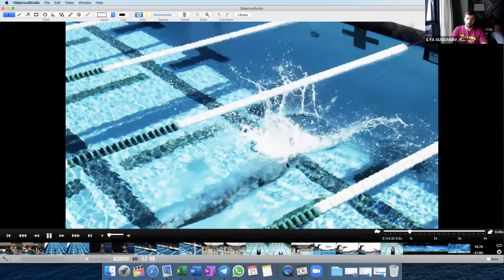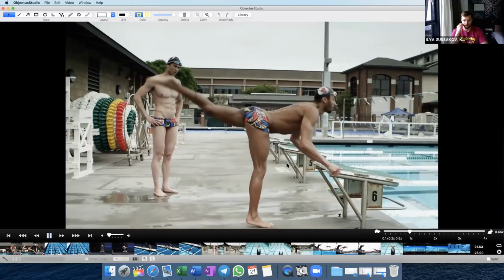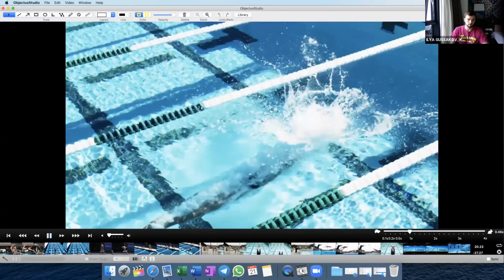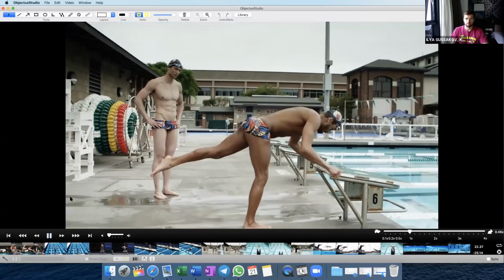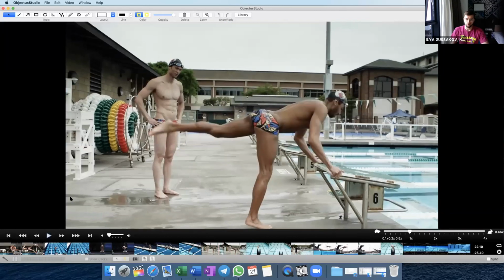So the way you teach it, you can just ask athletes to stand and throw their legs up in this way. Just let them feel what it should feel like when you're starting.